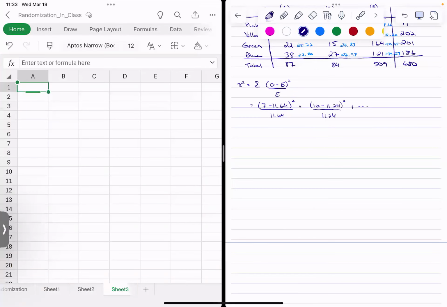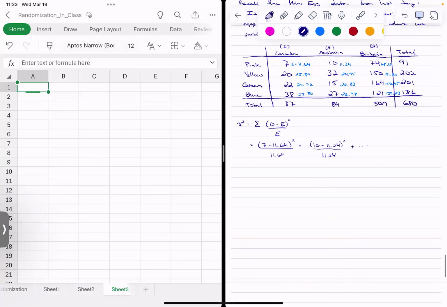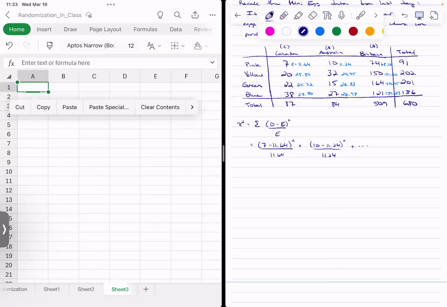It's a random sheet. Okay. Instead of putting in the table, if I gave it a table, I would be able to get the chi-squared value.